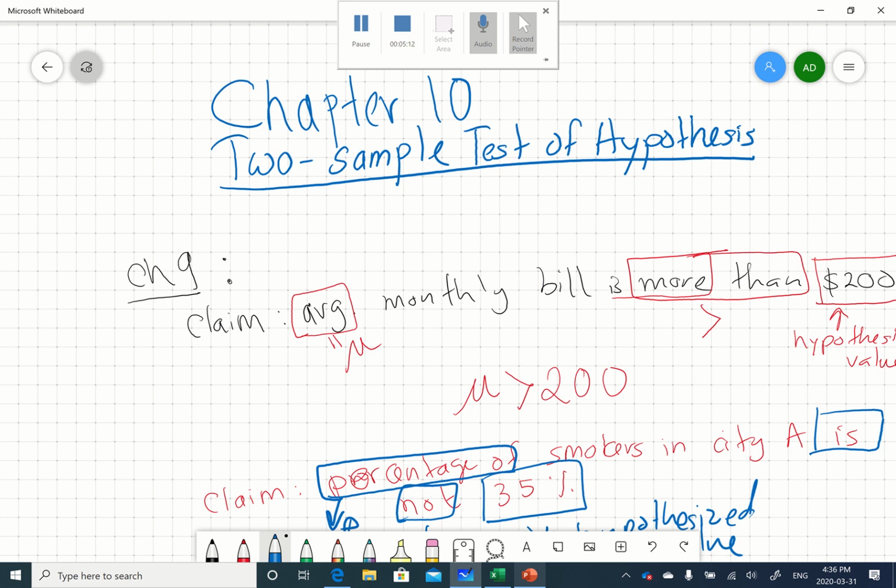For example, the average exam score of male students versus female students, or the average amount spent on shopping by females being more than the average amount spent by males. So we are comparing two populations, which means we are comparing two parameters. Then we use a two sample test of hypothesis.